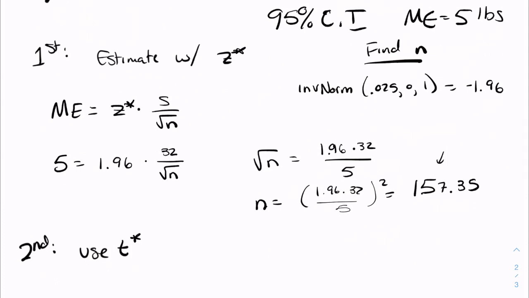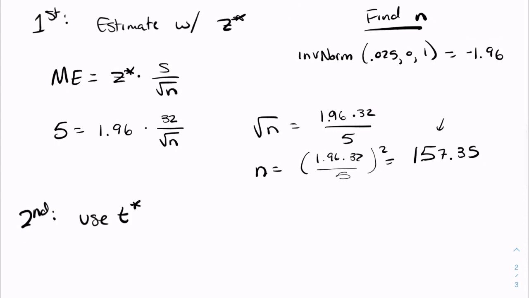So knowing that we now need our critical value for our t, we use inverse t. Now in this case, we're going to use 0.025, same confidence interval, and if this is n, our degrees of freedom would be 156.